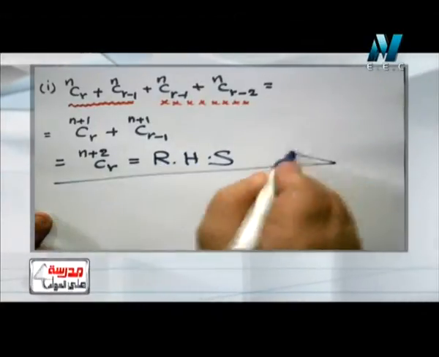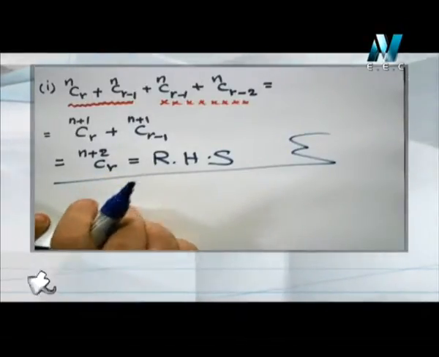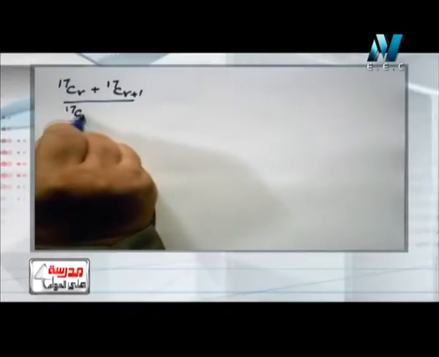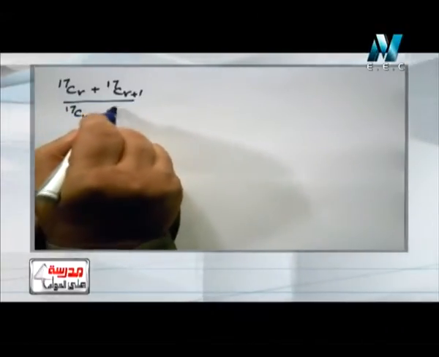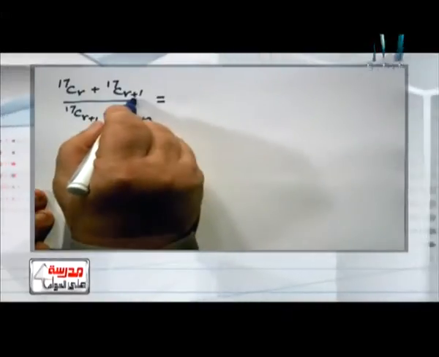This is the first requirement of the two. Second requirement: solve the equation 17CR plus 17CR plus 1 plus 17CR plus 1 over 17CR plus 1 plus 17CR plus 2 equals 7 over 12.